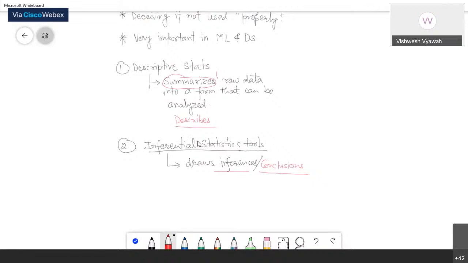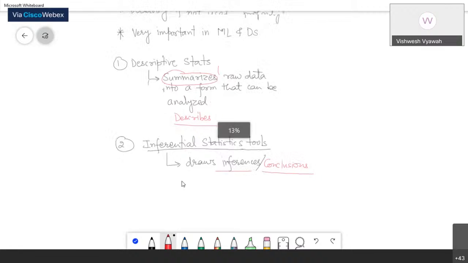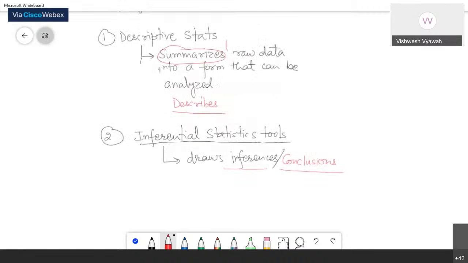One is for summarizing the data so it can be made ready for analysis, that means it describes the data. The second one is to draw the conclusions. Now conclusions or inferences means which is the number in data that is mostly repeating, or which has the maximum frequency, what we call the mean. And the other thing, how far are the other values from this middle value or mean value. And we go ahead with variance and all those things.